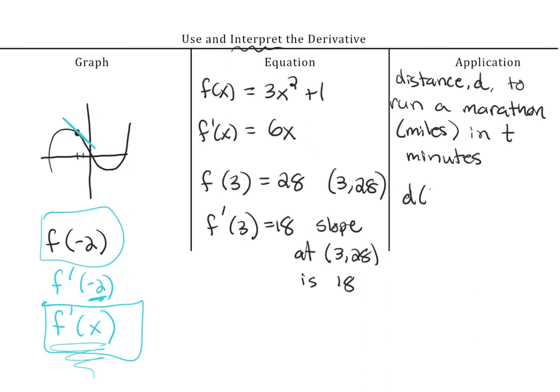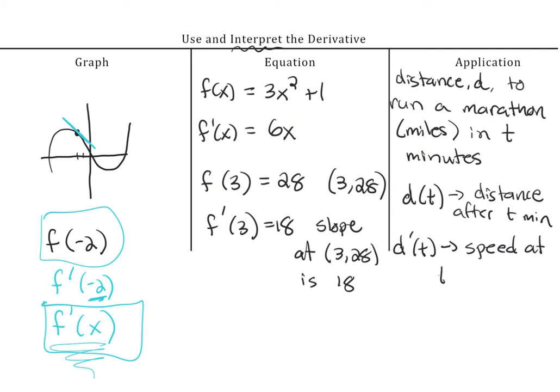So if I have d of t, that is the distance, the position after t minutes. If I have the derivative, that is telling the speed at t minutes. Okay, so there is the using and interpreting of the derivative.